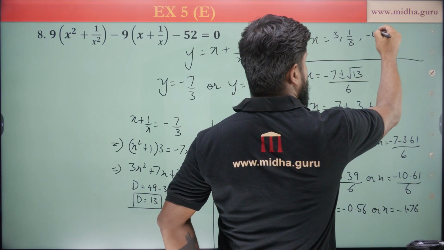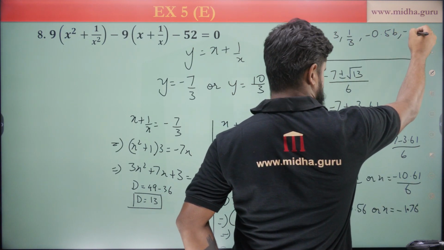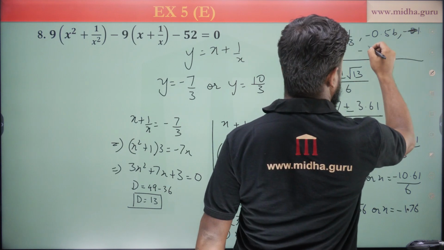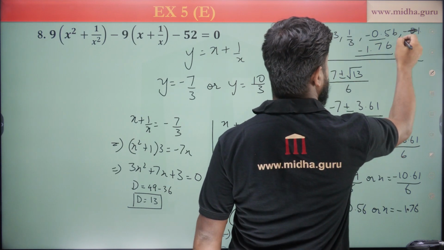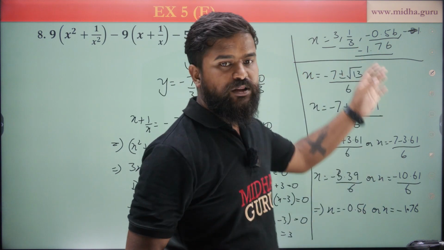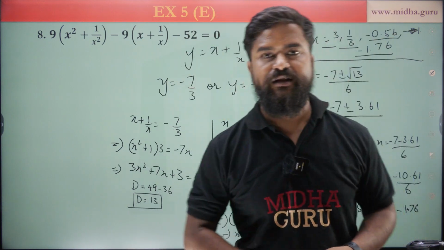So the values here will be minus 0.56 and minus 1.76. And these are the 4 possible values for x for the original equation.